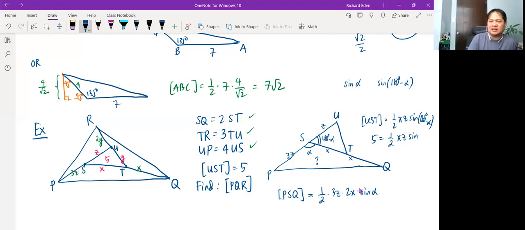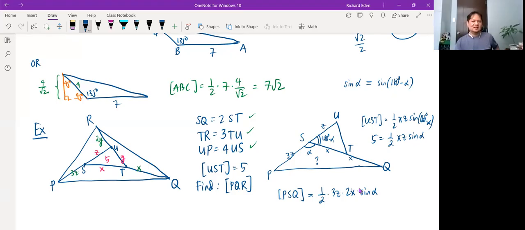Alpha and 180 minus alpha are in the first or second quadrants, so they are the same. That means 5 is one half XZ times the sine of alpha.